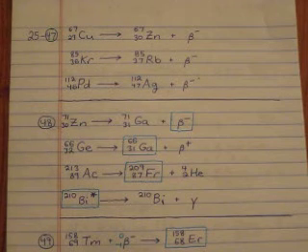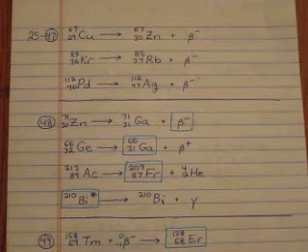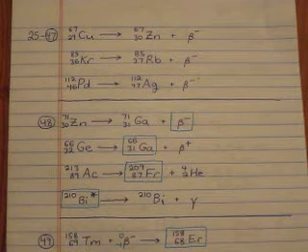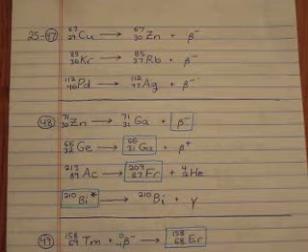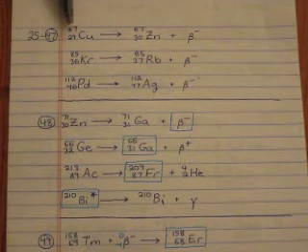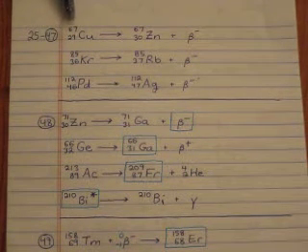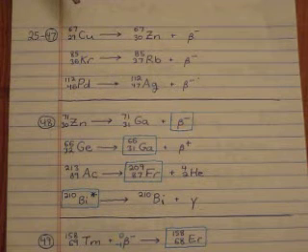Number 47. Write the full reaction for the beta minus decay of copper 67. Here's what I recommend you do. Fill in the number of protons because we're going to do some math balancing of equations.